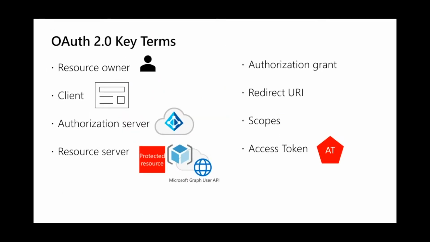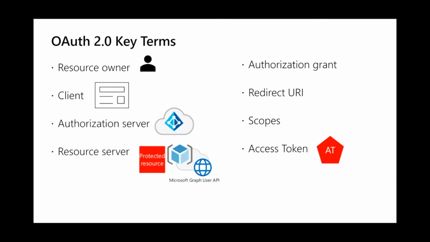So before we go further into the OAuth 2 protocol, let's review some basic terminology. First, we have the resource owner. The resource owner is typically the end user, as we saw in the earlier example. The resource owner will grant an application access to a protected resource or API that he or she owns. Then we have the client.